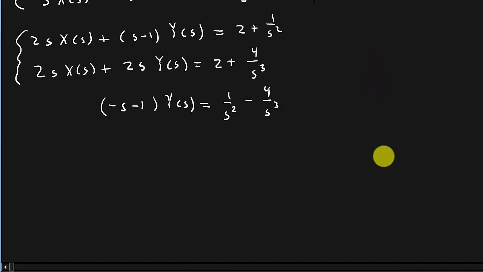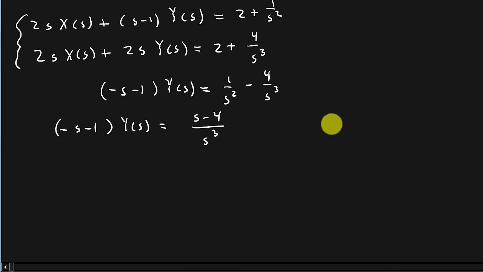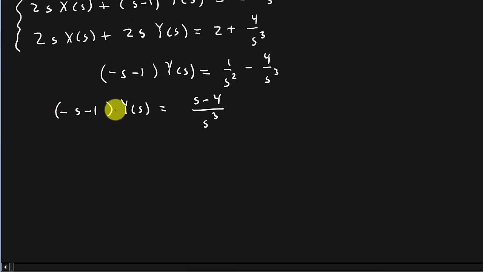All right, now let's see if we can clean this up a little bit. So I've got negative s minus 1 times y of s equals, now if I get a common denominator of s cubed, that's going to be s minus 4 in the numerator. And then I'm going to divide everything by negative s minus 1.